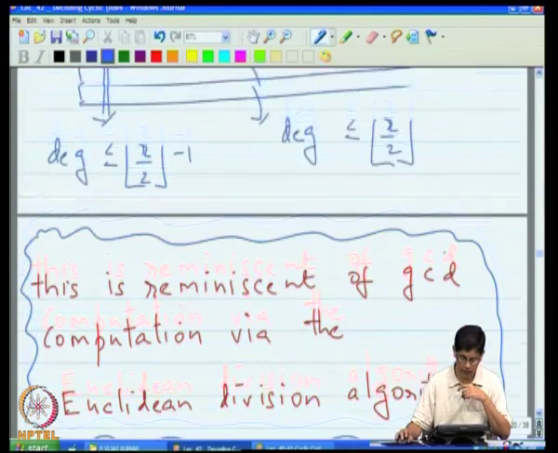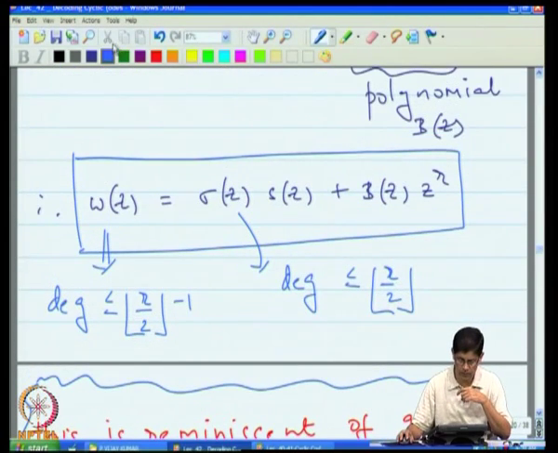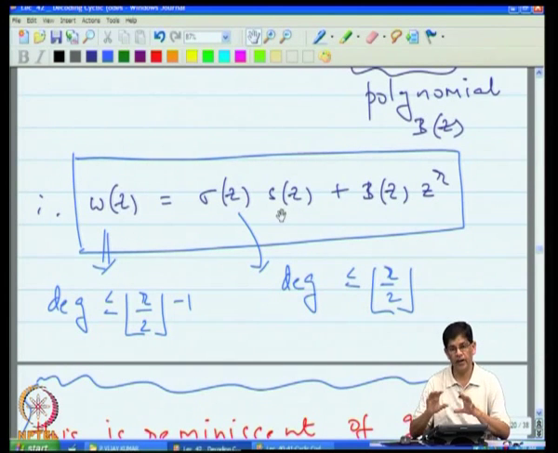Okay. Now, you look at this expression and say, you know what, this looks like I am trying to actually compute the GCD of z to the r and S of z, because I know that if I try to compute that using the extended Euclidean algorithm, then at the end I will end up with such an expression where this is the GCD. Okay.